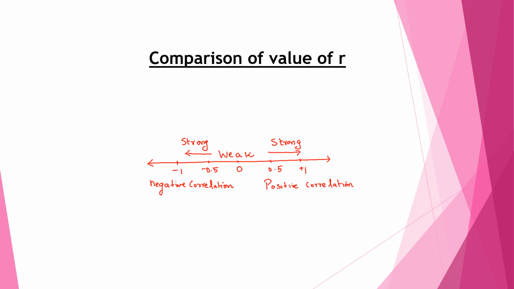Then as the values of r move towards the left and the right, as indicated by the arrows, the relationship becomes stronger. And when it is close to -1 and +1, it becomes a strong positive as well as negative correlation. So I hope the values of r and the corresponding strength of correlation is clear to all.